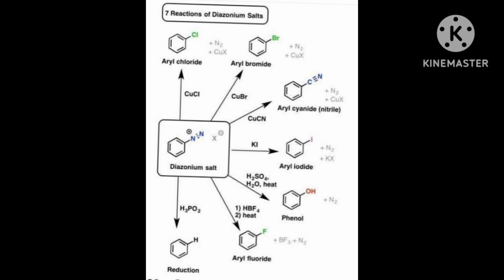The azo products obtained have an extended conjugate system having both the aromatic rings joined through the N=N double bond. Here listen, whatever product you get is called an azo product.